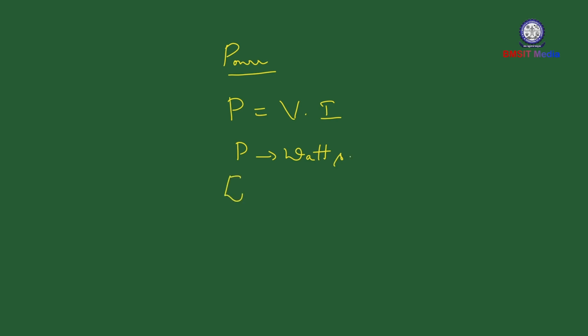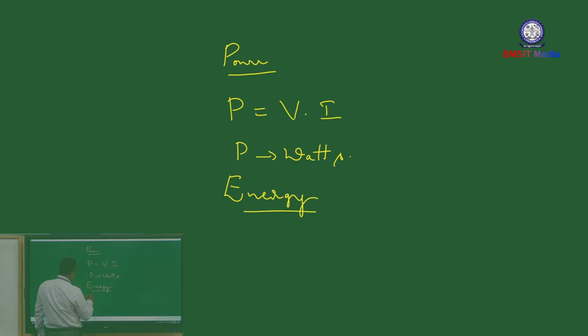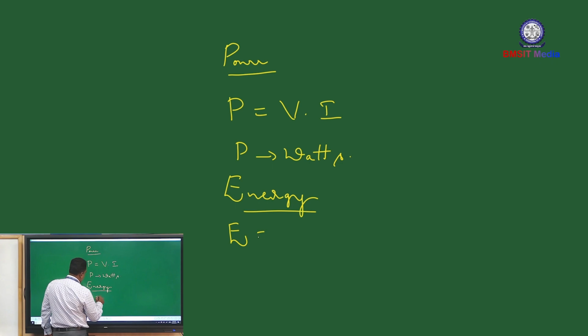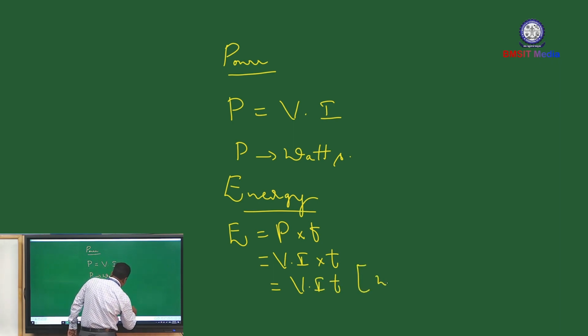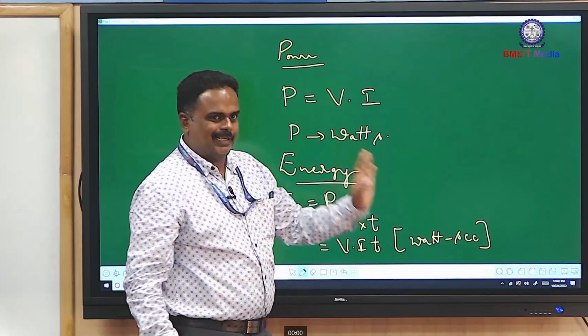What is energy? Energy is defined as the capacity to do work. Energy is given by power into time, so it is V into I into T. The unit of power is watt, and the unit of time is seconds, so the unit of energy is watt seconds.